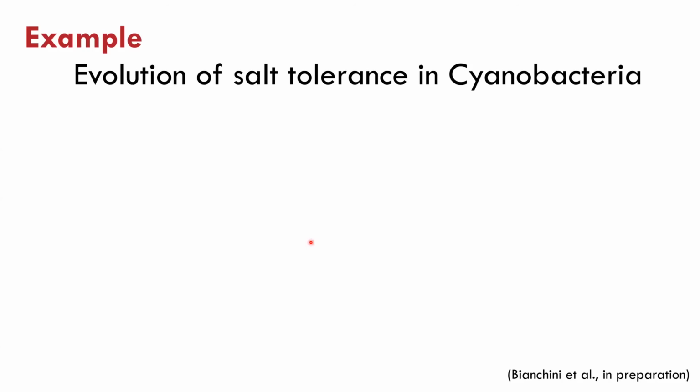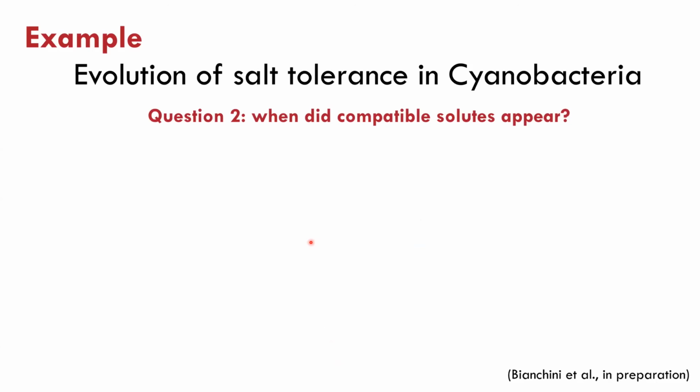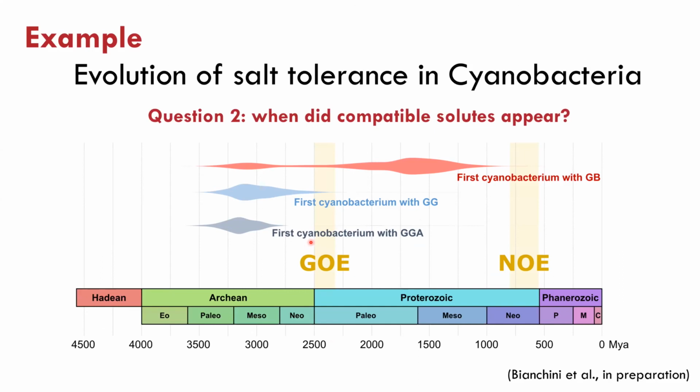So the second question was, when did the compatible solutes actually appear in the cyanobacteria? And we can answer this by plotting, for each simulation that we did in a stochastic mapping, the first cyanobacterium which possesses one particular compatible solute. And the core result here is the first one here for GB. As you can see, there appears to be 2 competing hypotheses.